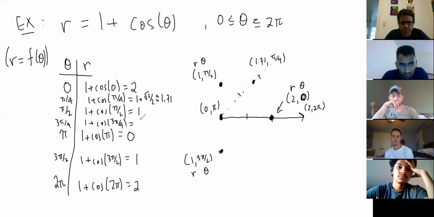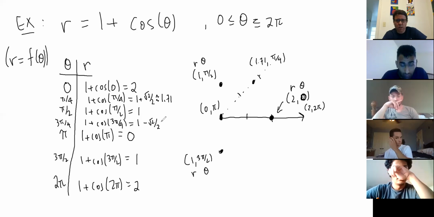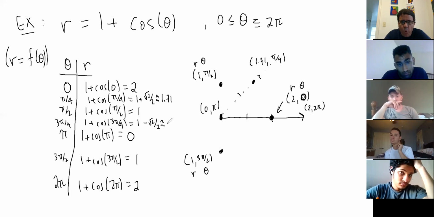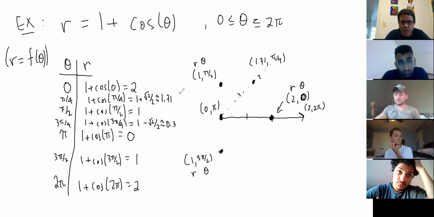And cosine of 3 pi over 4 should be square root 2 over 2, but in this second quadrant, cosine is negative. So this is actually 1 minus square root 2 over 2. If I work that out, it's around 0.3. That's an approximation.